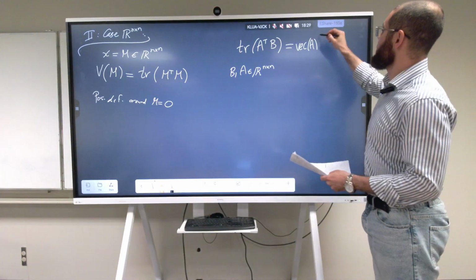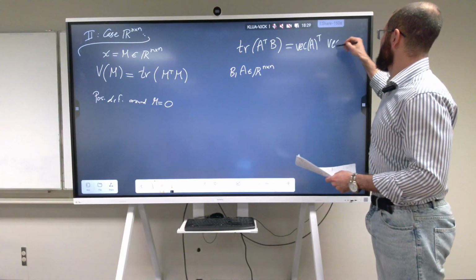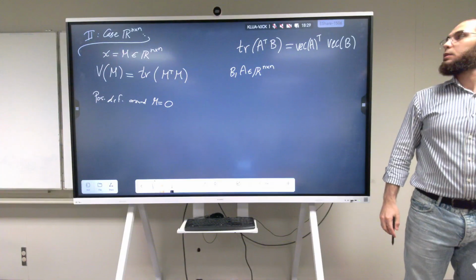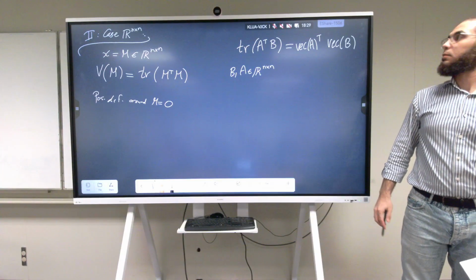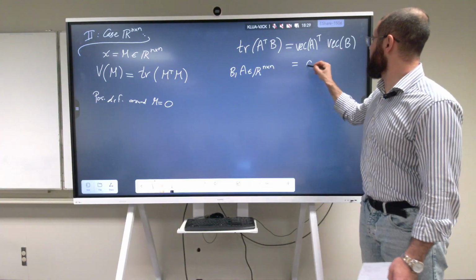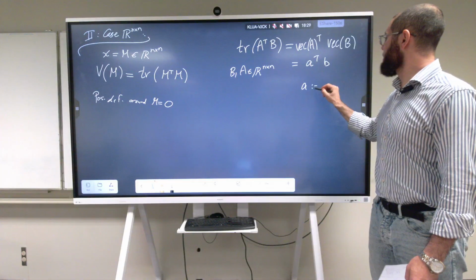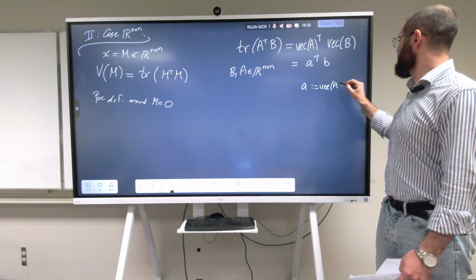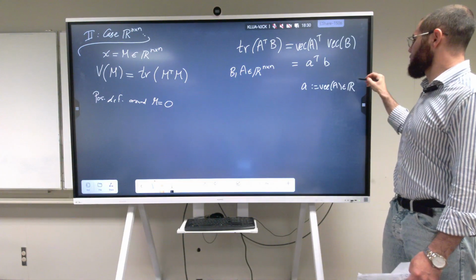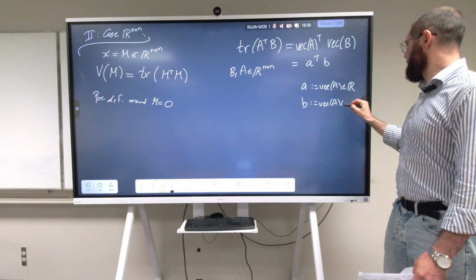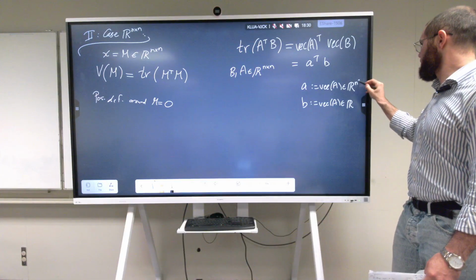You take the vectorization of A, transpose it, times the vectorization of B. Let's call this small a transpose and small b, where small a is the vectorization of A. What is the dimension of it? N squared, absolutely.